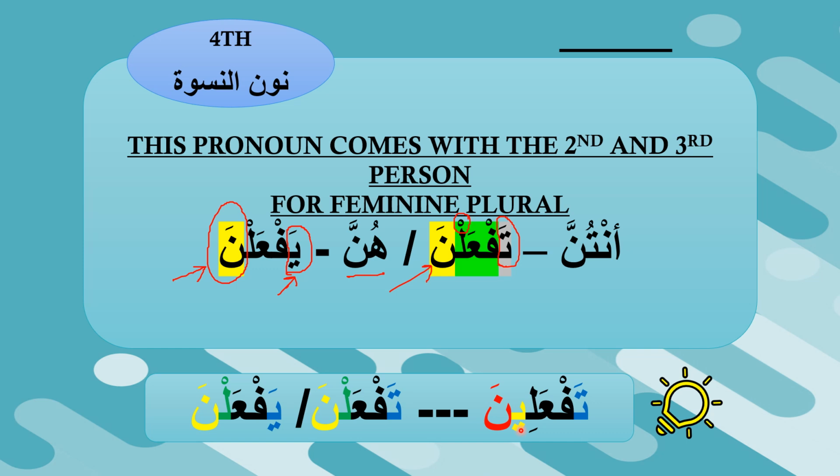The ya mukhatiba and the noonun niswa. And we have the two verbs looking similar, but only the letters differentiate them for the mukhatib and the ghaib, taf'alna and yaf'alna. This is the major difference that you need to keep in mind. And taf'alina, ya mukhatiba is in the mukhatib for the feminine singular.